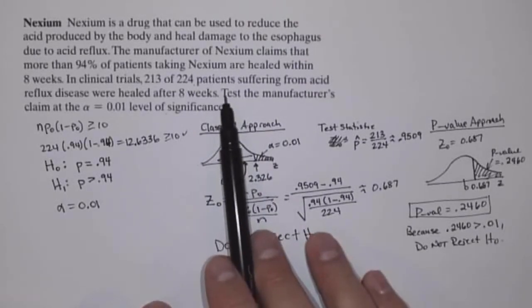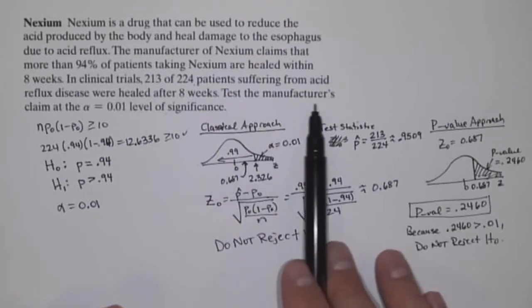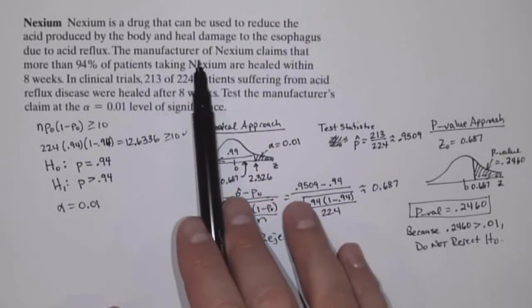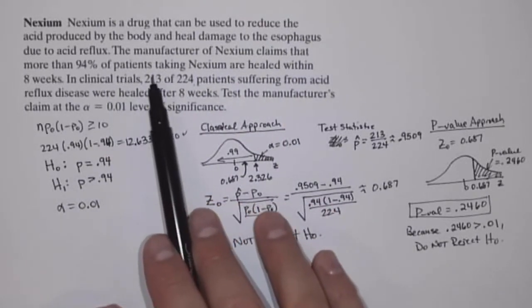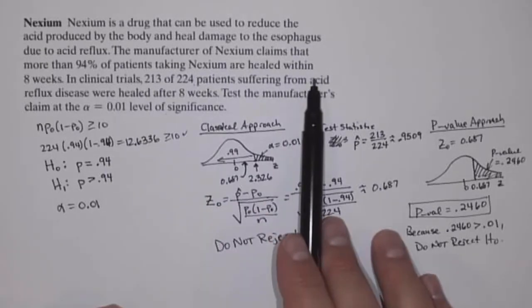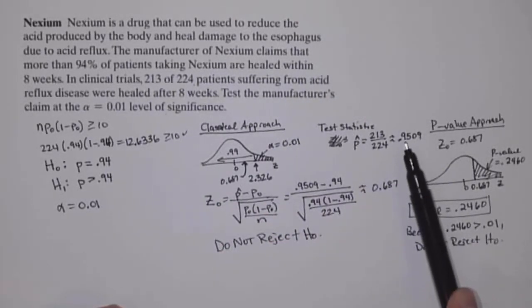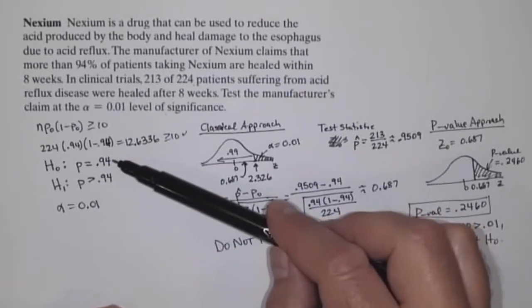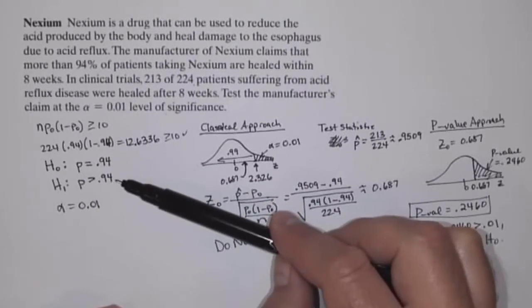So the question was, well, we were just asked to test the manufacturer's claim. The manufacturer of Nexium was claiming that more than 94% of patients taking Nexium are healed within 8 weeks. While we did get 95% in our sample, that was not statistically significant. So we were not able to reject that it's 94% and say that it's more than 94%.